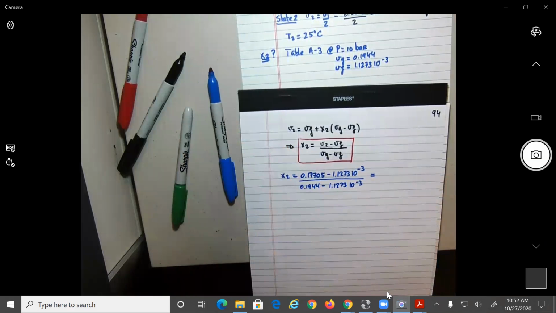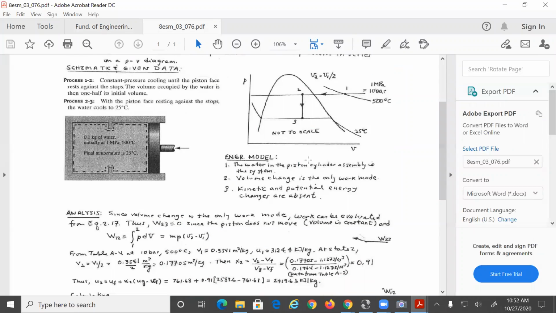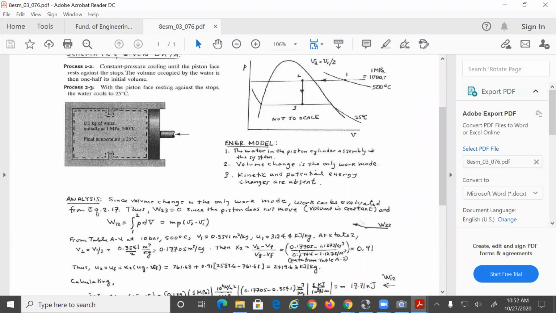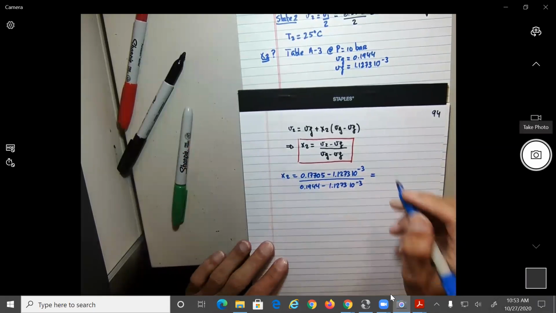And if you want, you can do a bit of cheating to go a bit faster. Let's see what it did over here. 0.91, is that what you get? Okay, that's what I get over here as well. So 0.91.